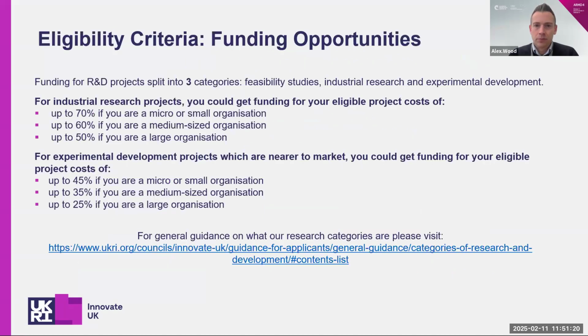If people tick 70% because they're allowed to as an SME, or higher than that for a university, and the application comes in requesting over 50%, it will not be assessed. It will be ruled ineligible immediately. So if you are working with a university, you've got to find a way of balancing the books so that you only ask for a maximum of 50% funding for the application at the highest level.